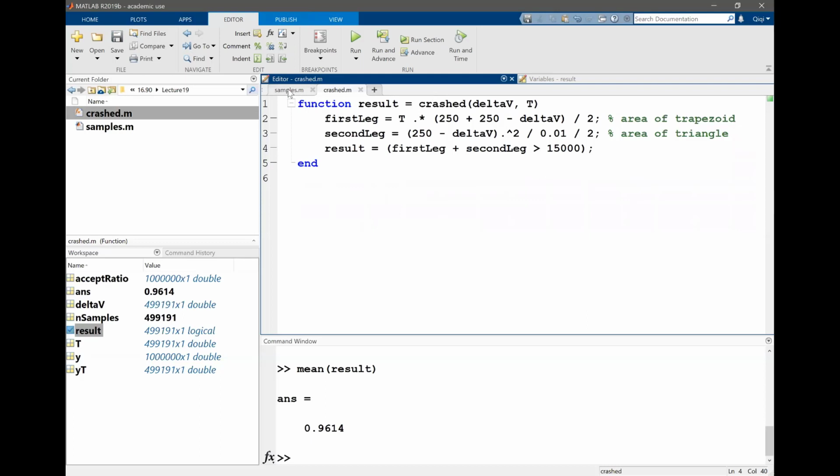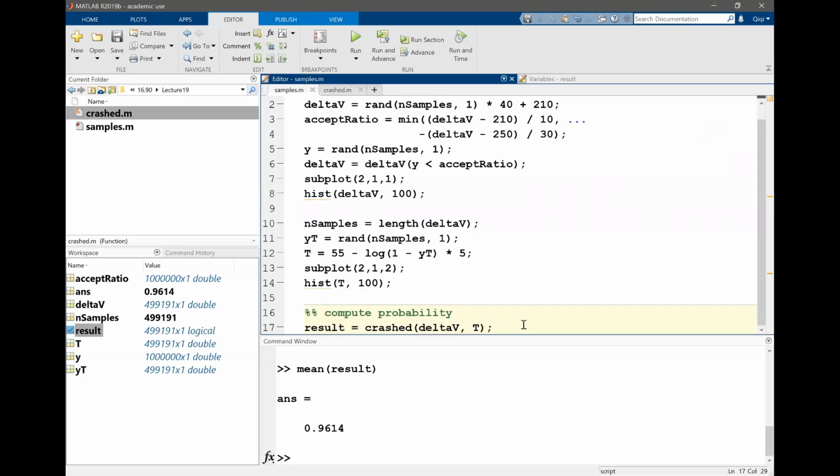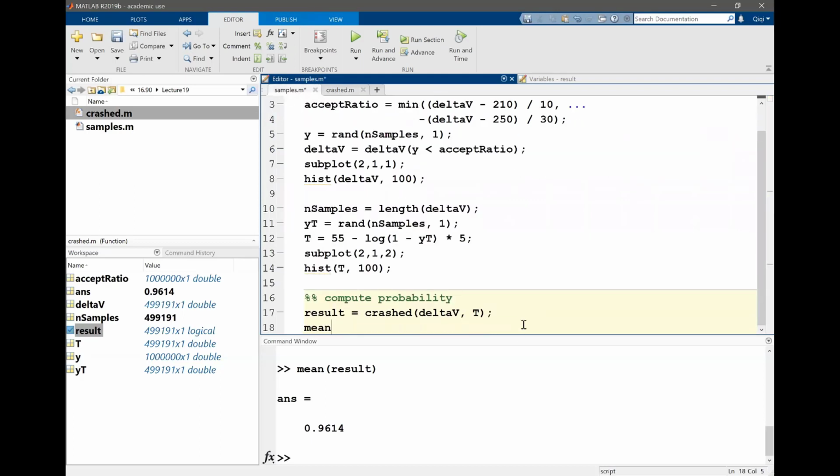If we do that and compute the crash probability again, probability is going to be equal to mean of result. We have decreased our crashing probability to 88%.